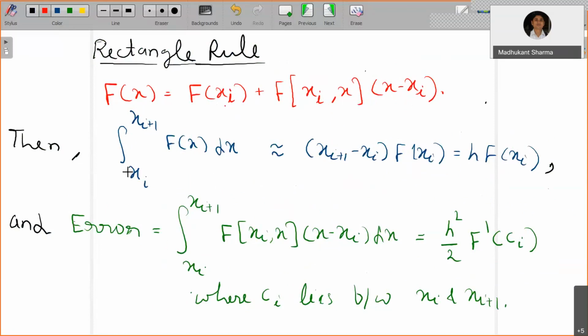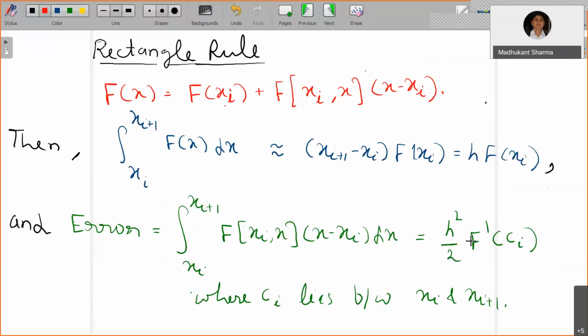So the integral on the right side can be replaced by h times f of xi when you use the rectangle rule. The error in this term is h square by 2 times capital F dash at ci. Capital F dash is small f dash, and small f is y dash, so it is going to be y double dash at ci.